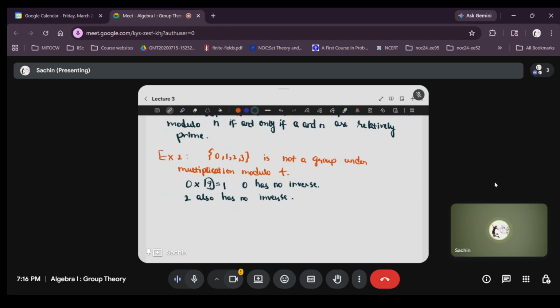So this is not a group. In all these, anyway, if you take 0, then you won't have a multiplicative inverse in modulo n for any n.